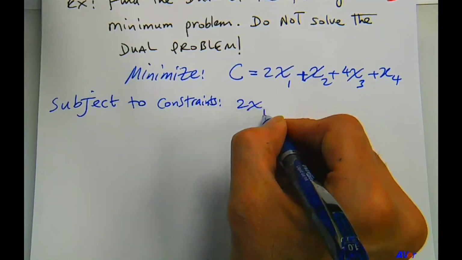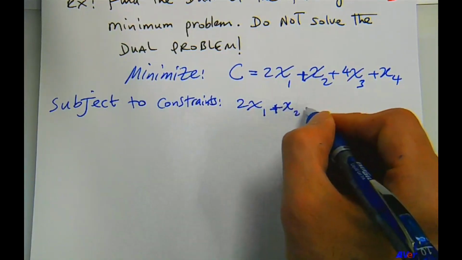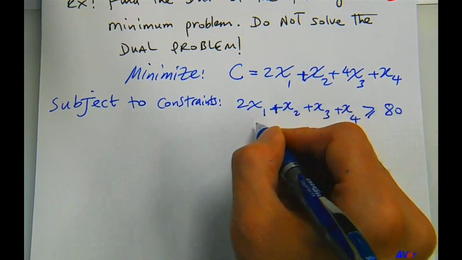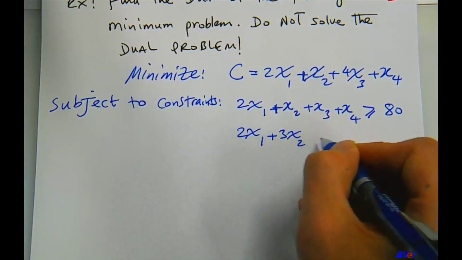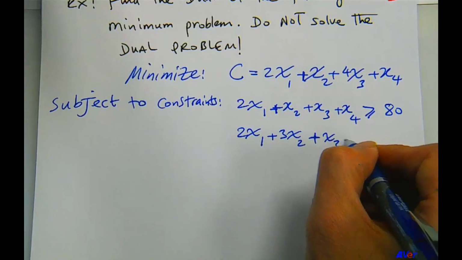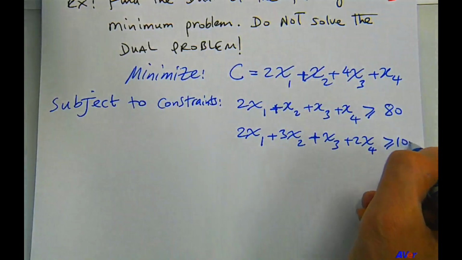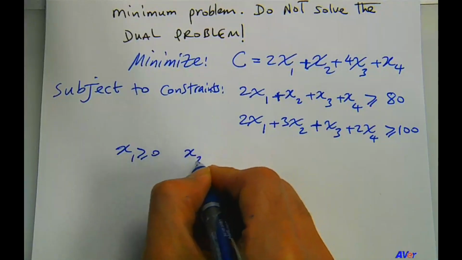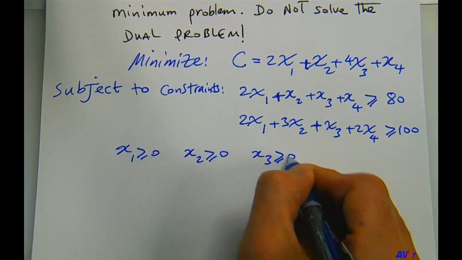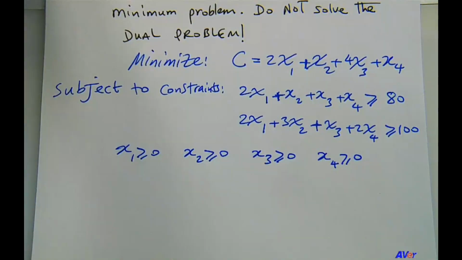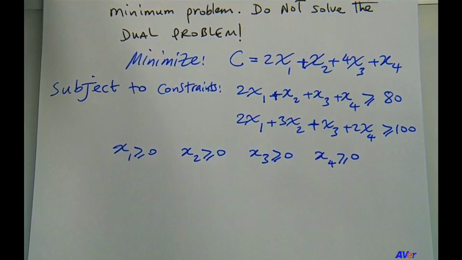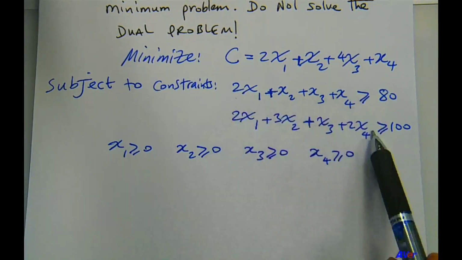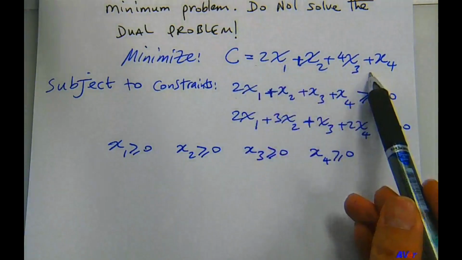We have 2x1 plus x2 like that. Okay, so once again, we begin with the initial matrix of coefficients, with the top rows being the coefficients of the constraint inequalities, and the very bottom row, the coefficients of the objective function.